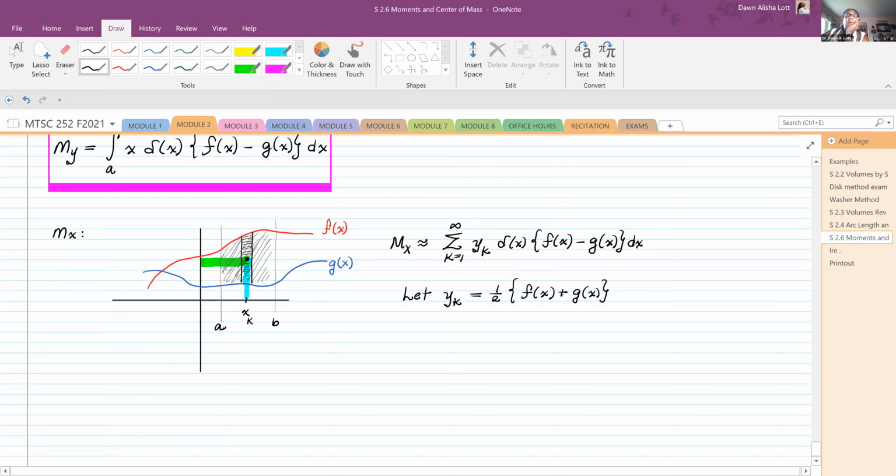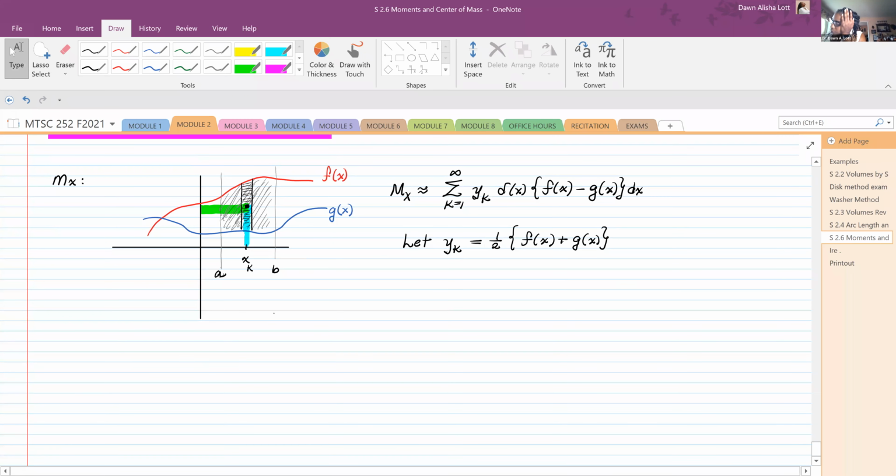So now I get that Mx is approximately the sum k equal 1 to n. Yk is 1/2 f of xk plus g of xk. And then my mass is delta of xk.